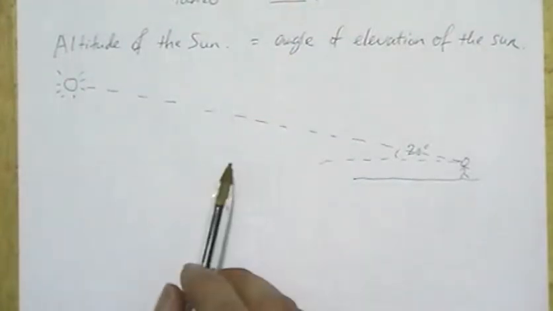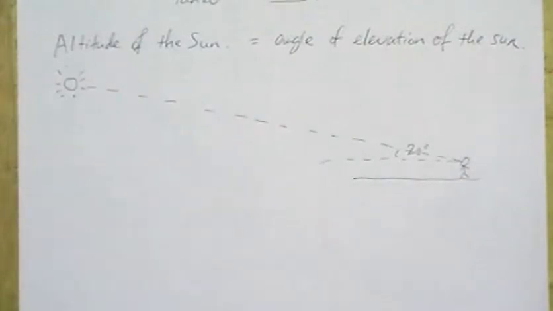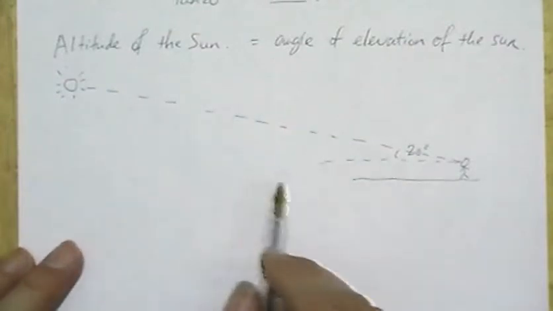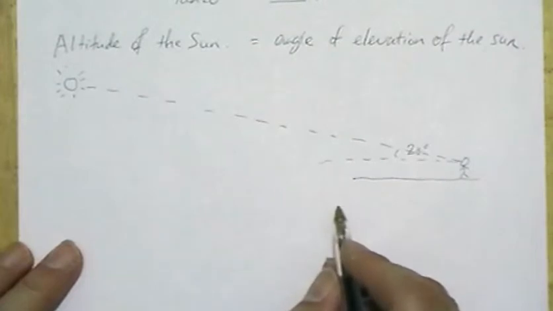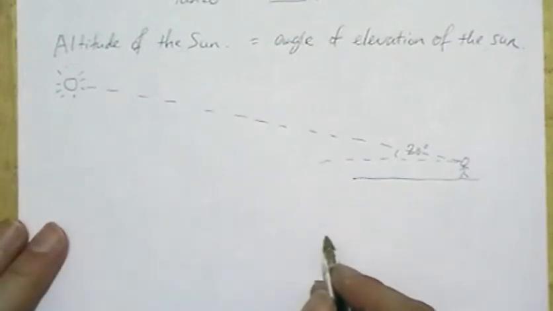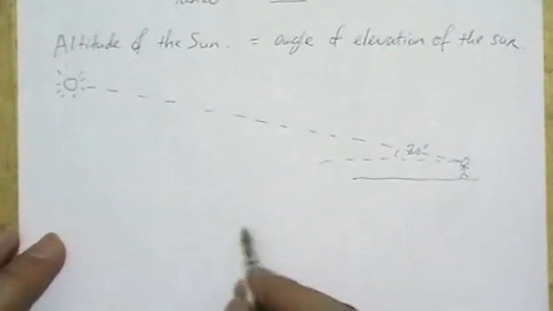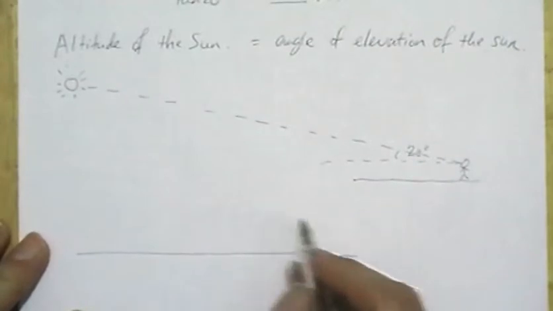So let's look at an example, right? Suppose that I have a tree. Let me draw another picture here, a new diagram.